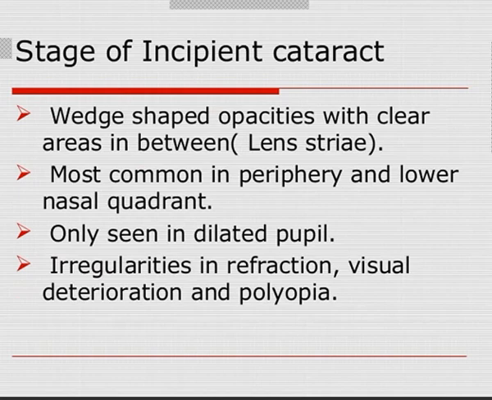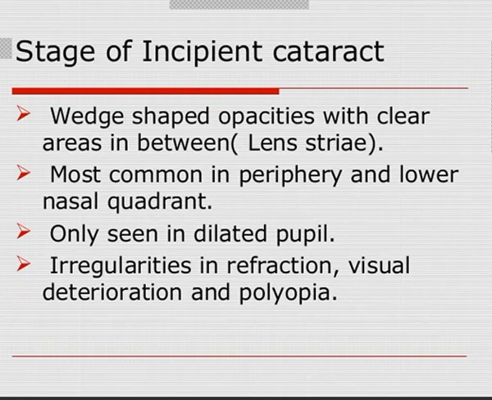They are most common in the periphery and in the lower nasal quadrant. In incipient cataract, we have to examine the lower nasal quadrant under the slit lamp, because it most commonly first appears there, and is only seen in the dilated pupil in the early stage, so we have to dilate the pupil.